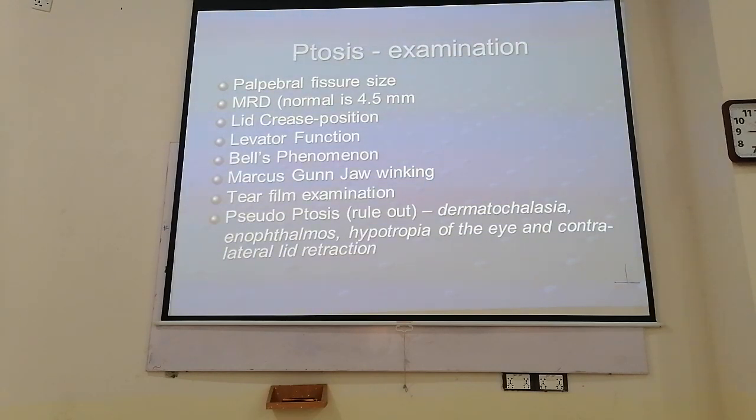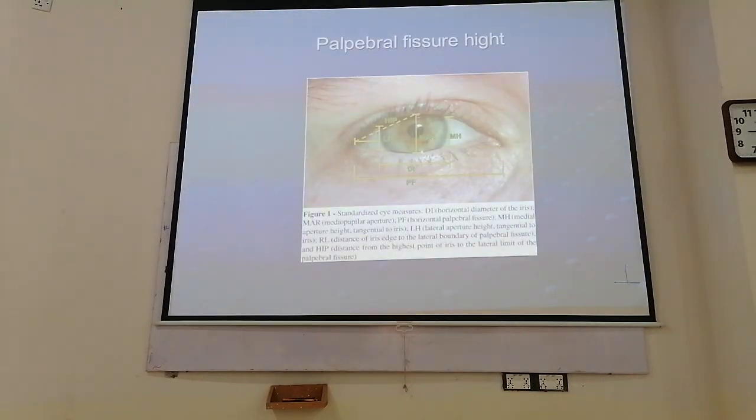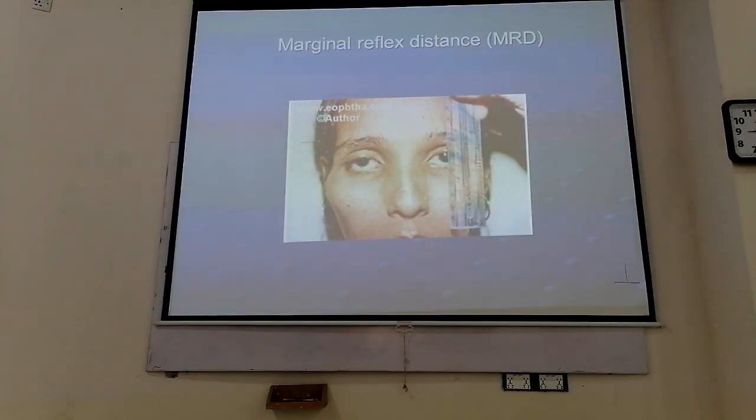The distance between the upper eyelid margin and that corneal reflex is called marginal reflex distance. It is normally 4.5 millimeter in the general population. You can see the whitish reflex on the cornea is the reflex of the torch. It is 4.5 millimeter normally. Is it clear? Okay.